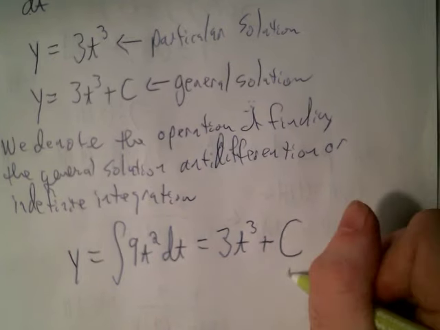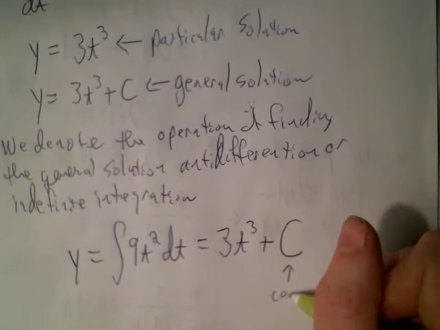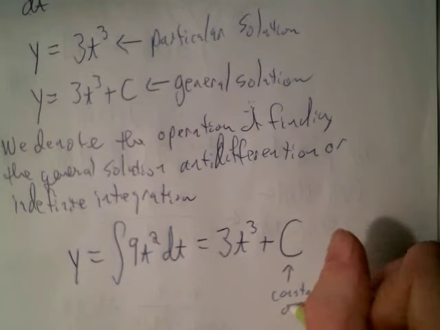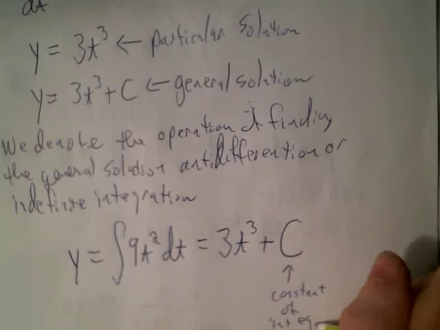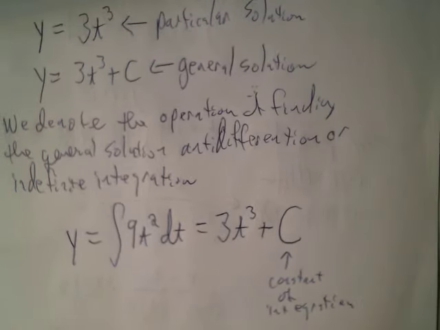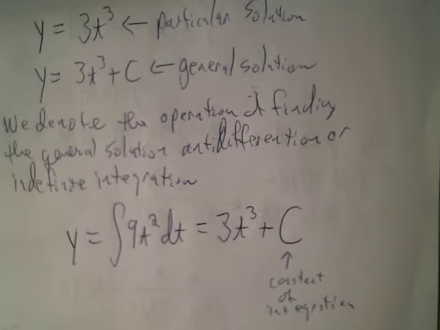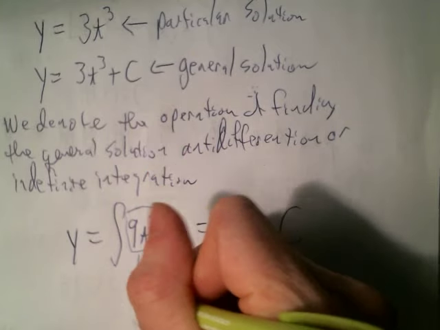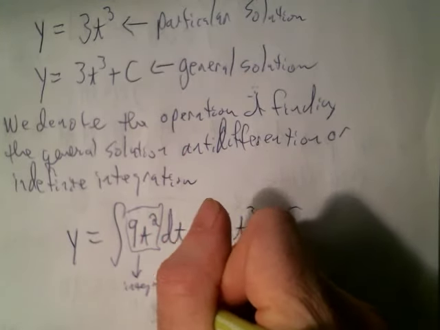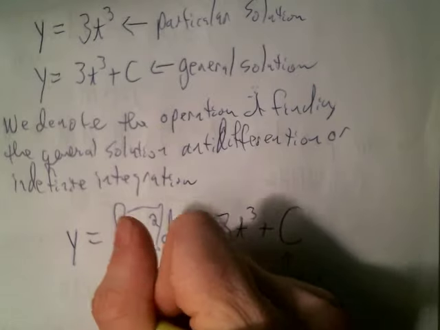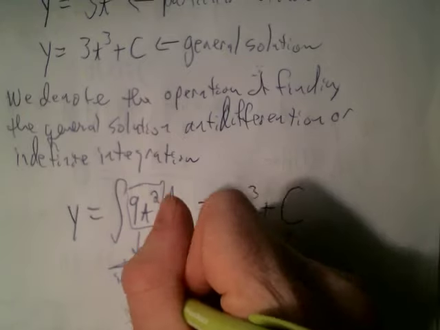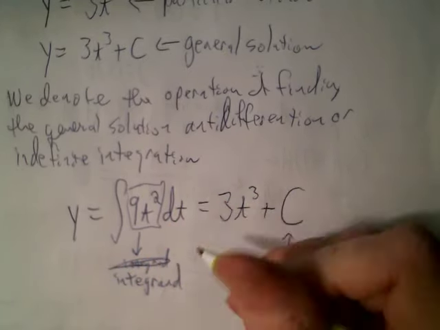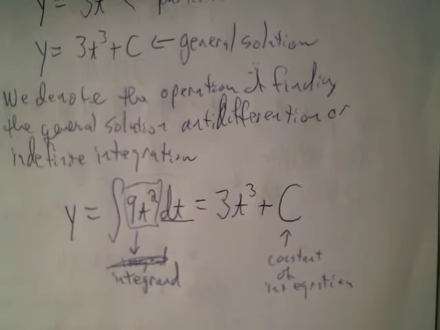Okay, so this is called the constant of integration. And we always need to include that in our answer. Okay. This stuff in here is called the integrand. And this tells us the variable of integration. So you can integrate with respect to other variables if you want.